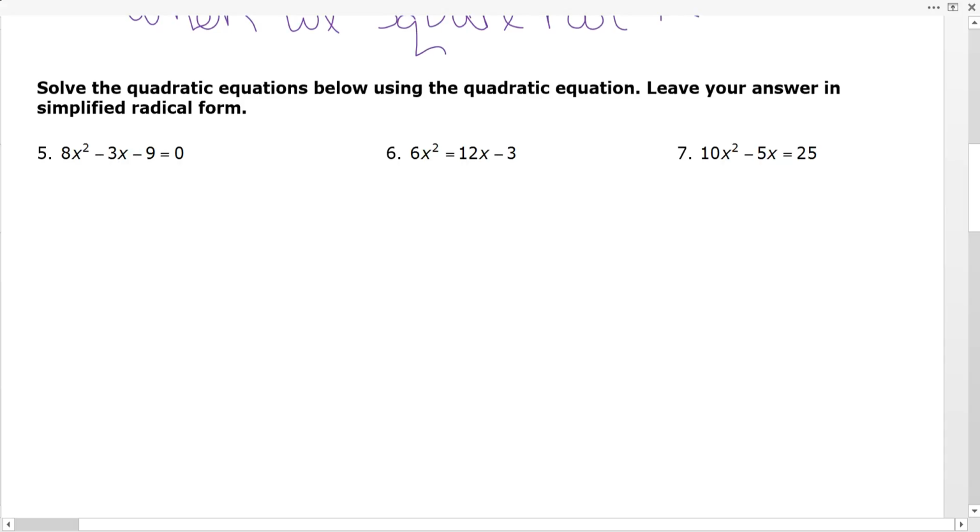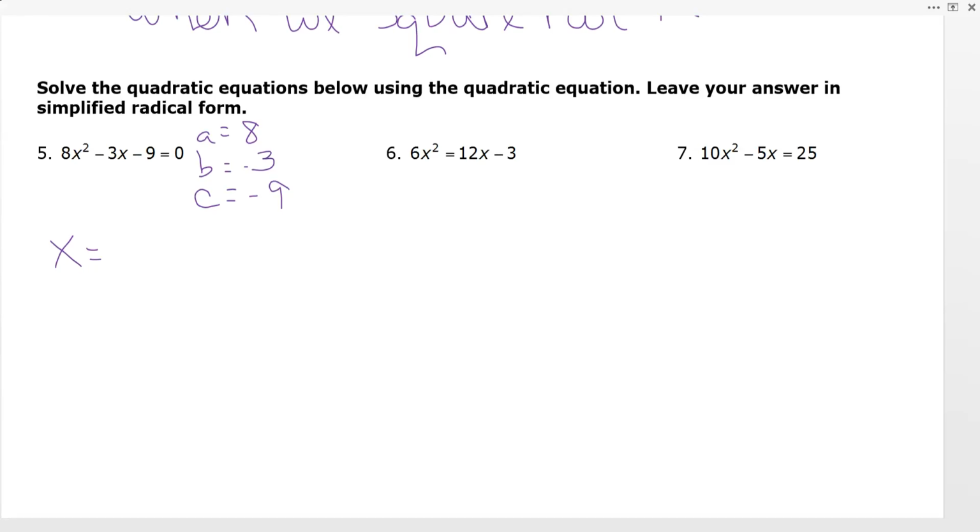Okay, so number 5. A is equal to 8, B is equal to -3, C is equal to -9, and our quadratic equation says x is equal to -b.